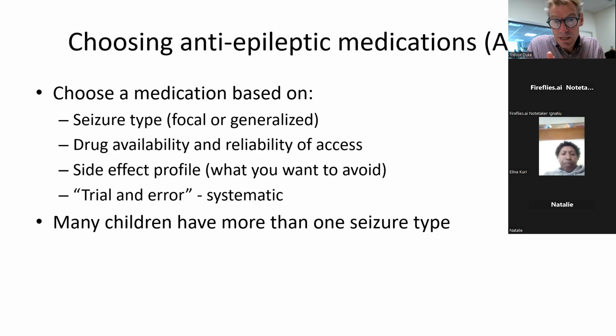If they have more generalized onset of seizures, then sodium valproate or Epilim is the best medication, and then there are other medications that are good, like phenobarbital. But it's useful to try to make that distinction between focal and generalized epilepsy in choosing medications. Of course, the choice of medications depends on what's available and reliability of access.